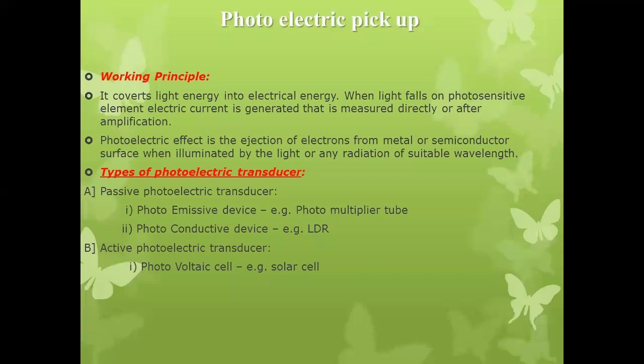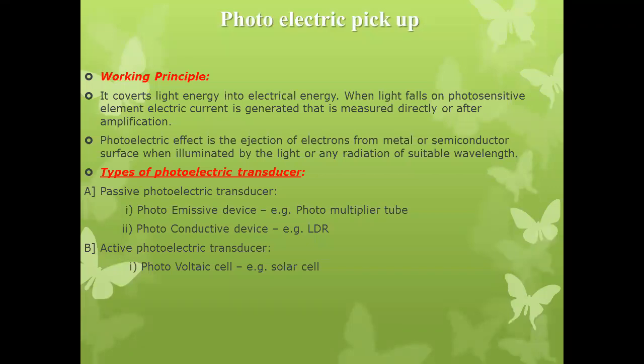I think in 12th standard you have seen this in the study of radiation. Whenever the photosensitive element is exposed to sunlight, what will happen? Because of the photoelectric effect, there is ejection of electrons from the photosensitive or semiconductor material surface, which is illuminated by light or radiation of suitable wavelength.